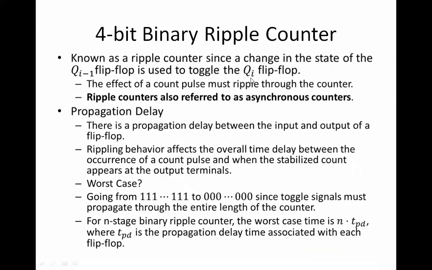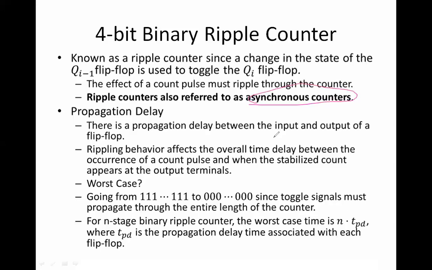So the present flip-flop will actually depend on the previous flip-flop's output. So the effect of the count pulse must ripple through the counter, and ripple counters are also referred to as asynchronous, as I told you previously. So that's important, you have to make note of this, asynchronous.